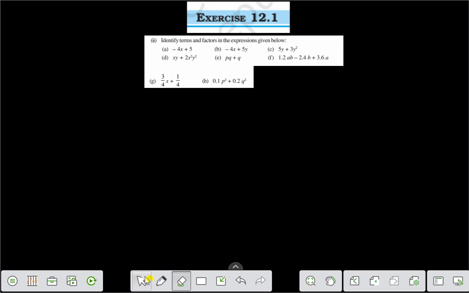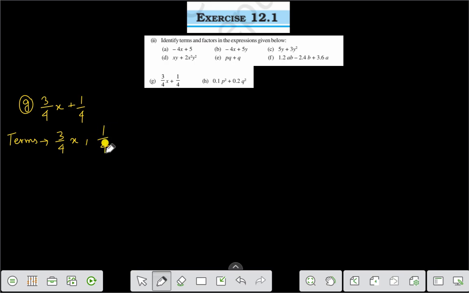Here question number G is 3 by 4 x plus 1 by 4. The various terms are 3 by 4 x and 1 by 4.